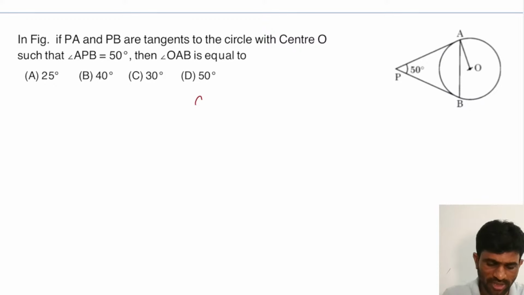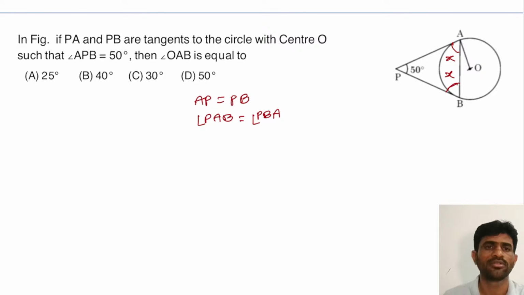Here we know AP is equal to PB. AP is equal to 40 is not correct now. AP is equal to PB, then angle PAB is equal to angle PBA. Means these two are equal. Let us take these two as x. In a triangle, the sum of three angles is 180 degrees.